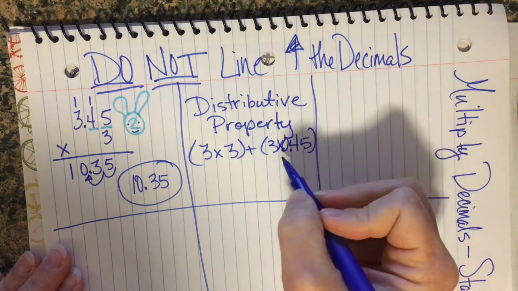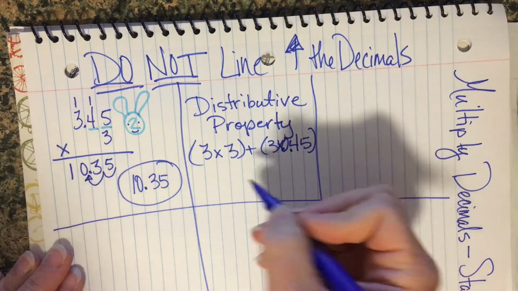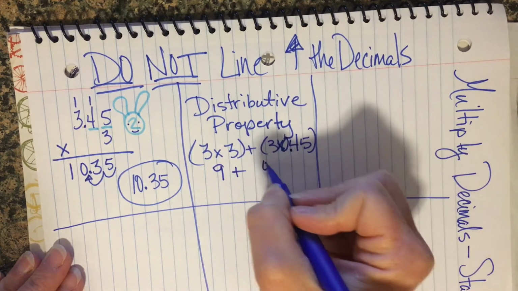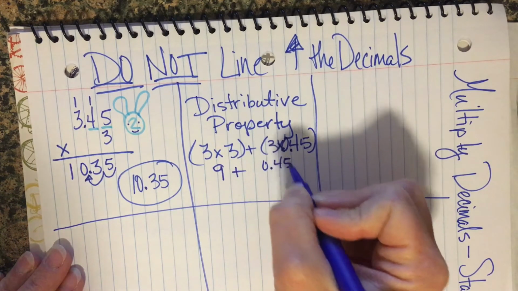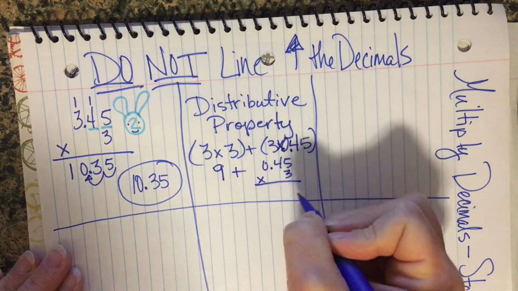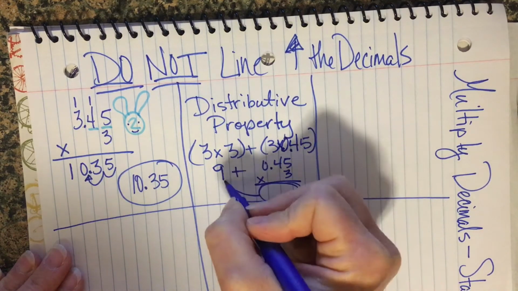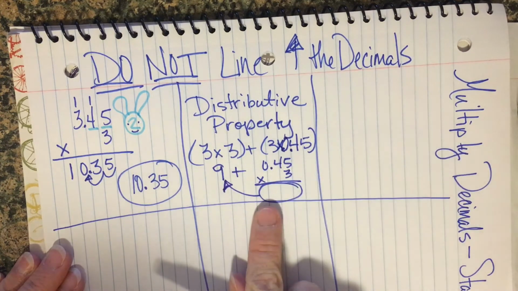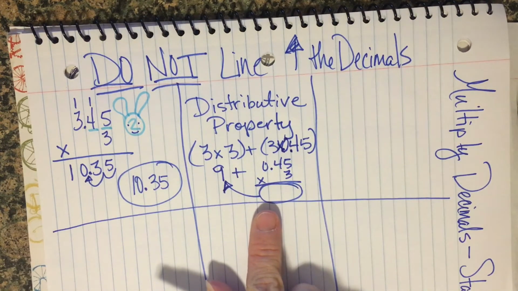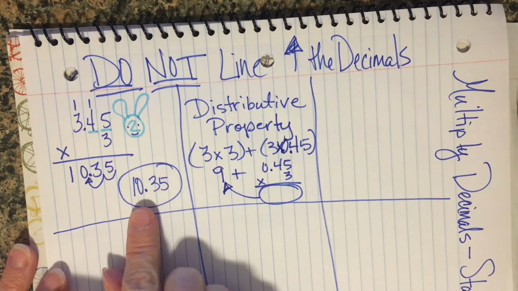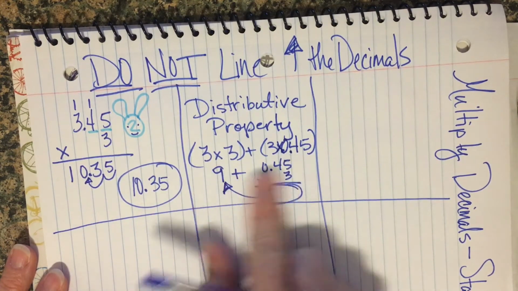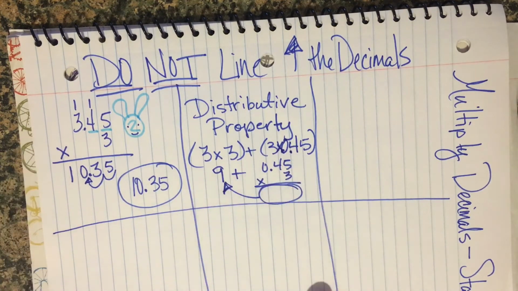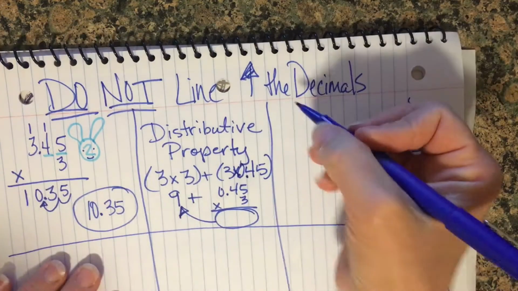Sorry, I wrote that wrong. 3 times 45/100. I know 3 times 3 is 9, and then I would do 45/100 times 3, and then I would add this product to the 9. I think there's more steps involved in this, so this is not one I use myself. The standard algorithm is going to be the fastest way, but you can break it apart into 3 times 3 and 3 times 45/100. I'm going to show you another one.